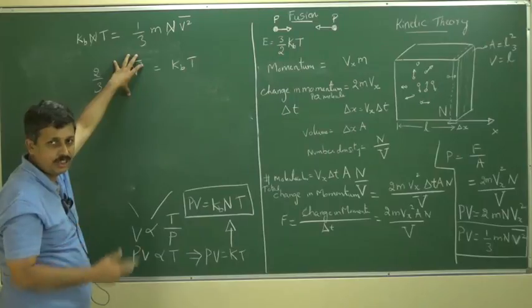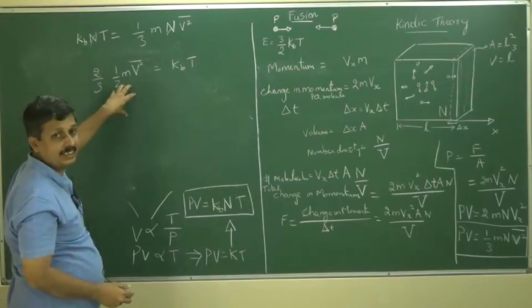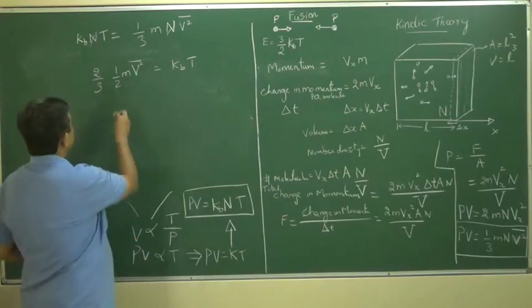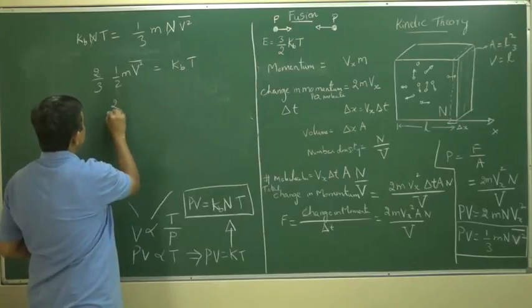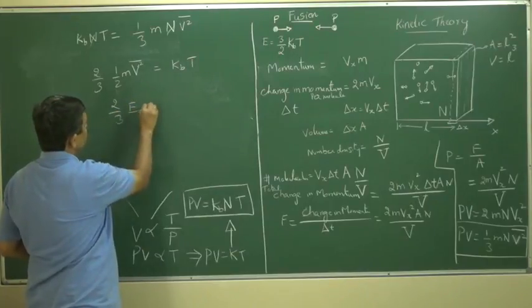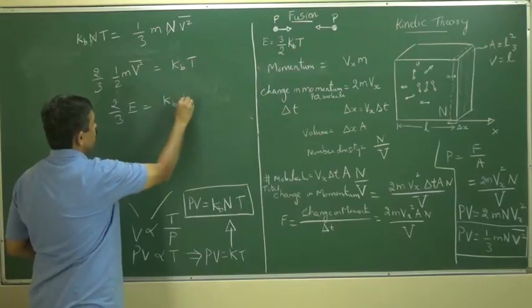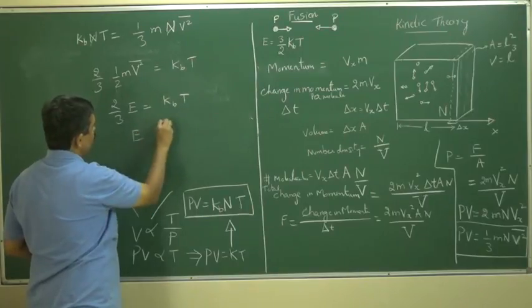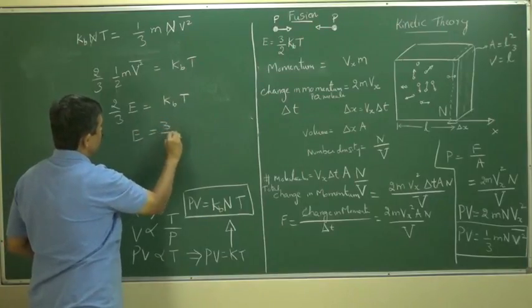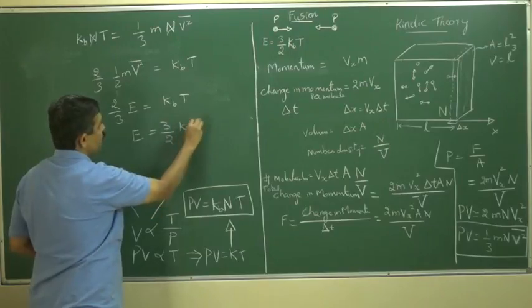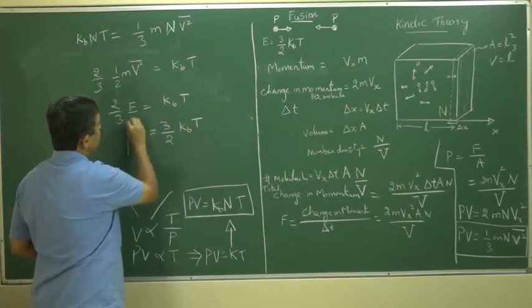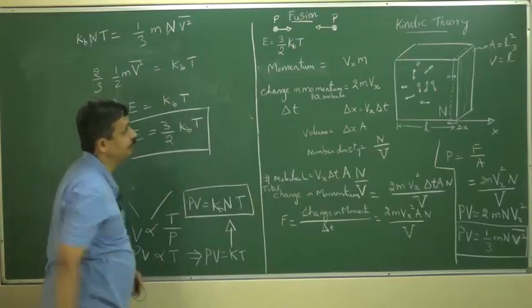There is no potential energy. So this is nothing but our kinetic energy E. Okay, so 2 by 3 E is equal to kB into T, or E is equal to 3 by 2 kB into T. So this is basically what we wanted to prove.